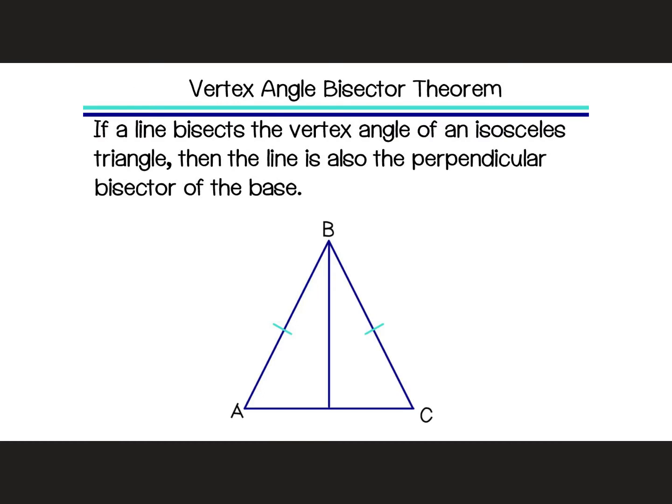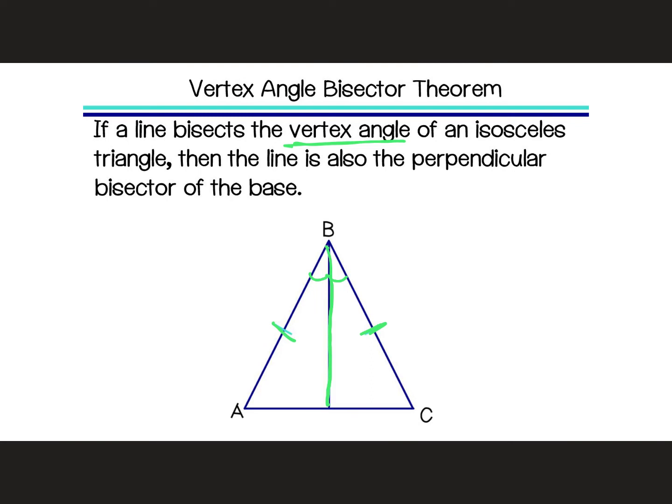Next up, we're looking at the vertex angle bisector theorem. This says if a line bisects the vertex angle of an isosceles triangle, then that line is also the perpendicular bisector of the base. Here in the picture, we've got our sides marked as being congruent, so we have an isosceles triangle. Here is a line that we're going to say is bisecting the vertex angle, so it's cutting B in half.